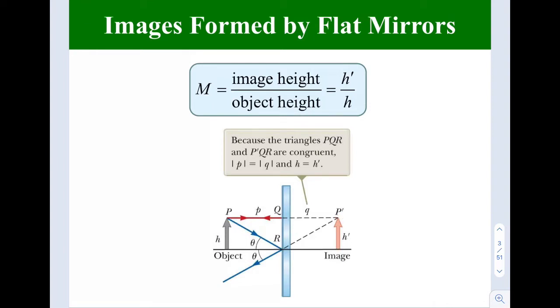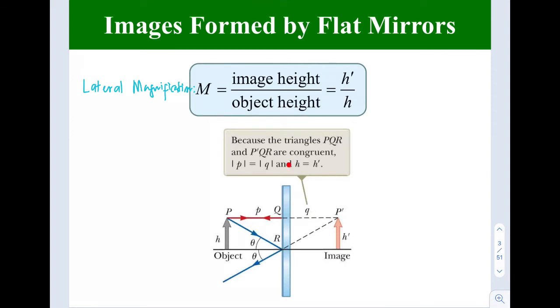Again, recall that the image produced by a flat mirror is a virtual image, at the back of the flat mirror. Lateral magnification, symbolized as M, is equal to the image height, h prime, over the object height, h. Because the triangles PQR and P prime QR are congruent, the magnitudes of p and q are the same.